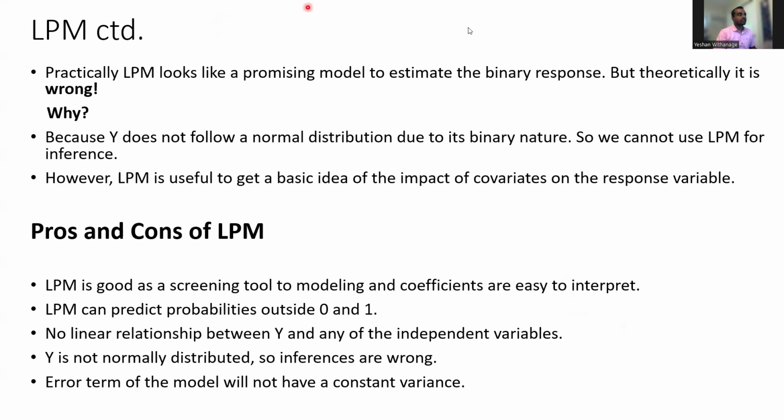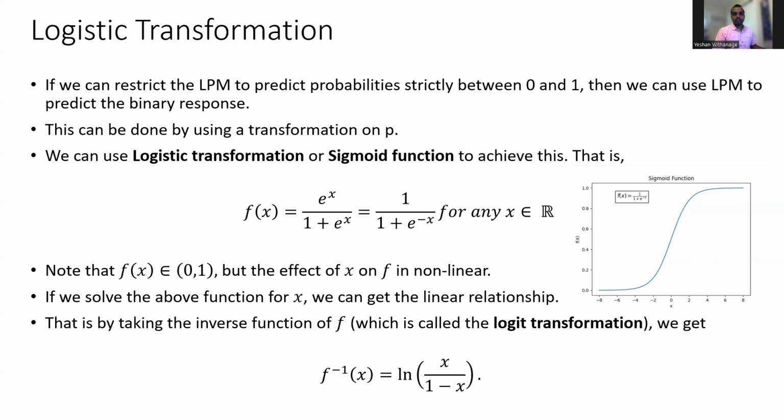So let's see. We just saw that the linear probability model is a promising tool, but it has its own problems, such as the probability can be predicted to be less than zero or more than one. So let's see if we can address that issue and make it a useful tool to predict the probabilities.